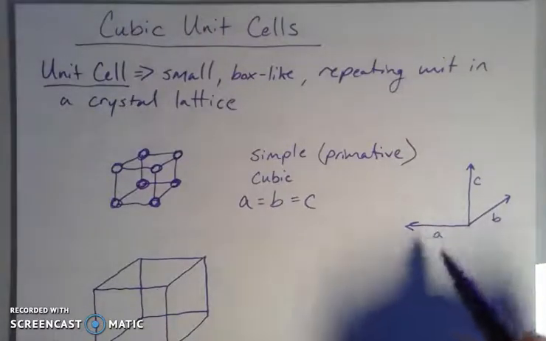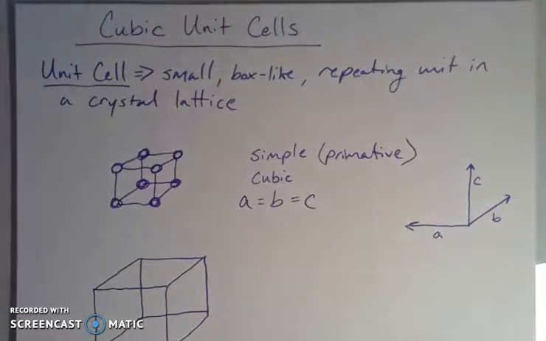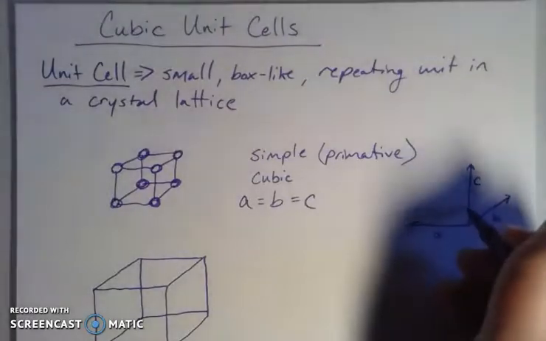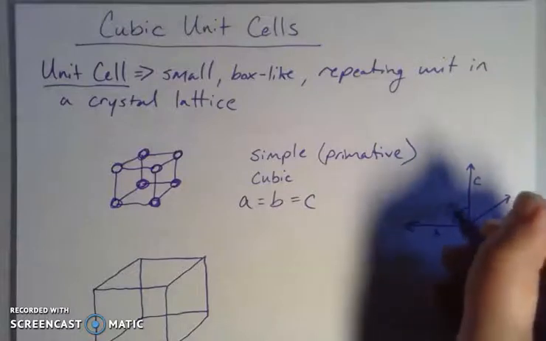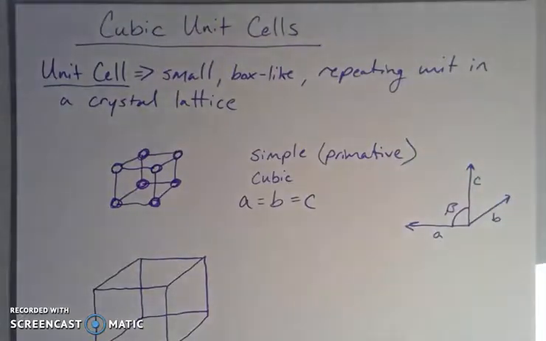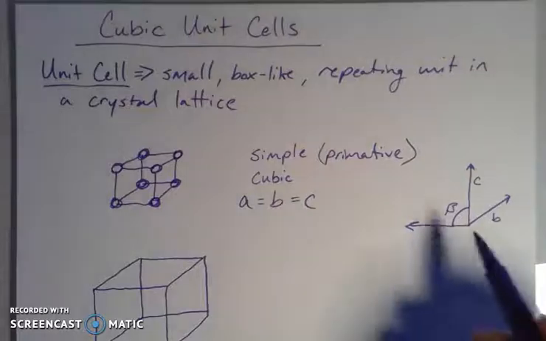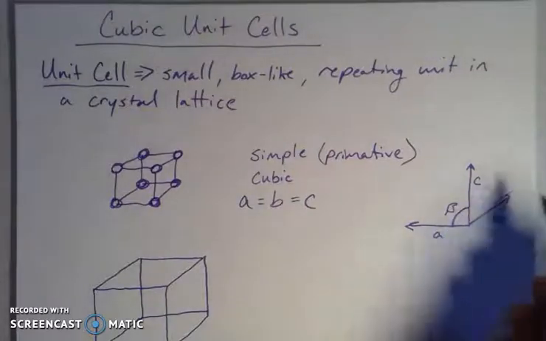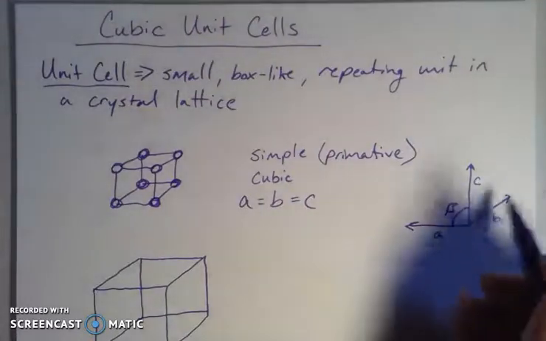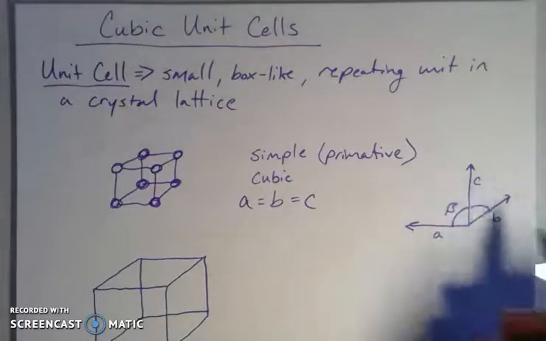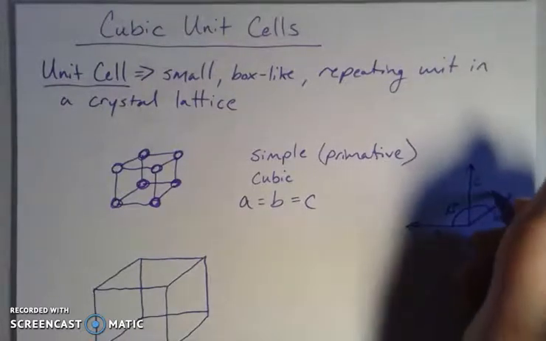And then the angles within them, when we're defining unit cells: the angle between A and C is labeled as beta. It's the Greek letter that's different. So that's my angle beta. The angle between B and C here is alpha.